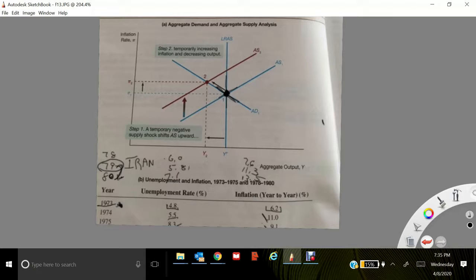So again, we see unemployment increasing and inflation increasing. Very textbook examples of how these temporary supply shocks do significant damage to the economy. Okay.